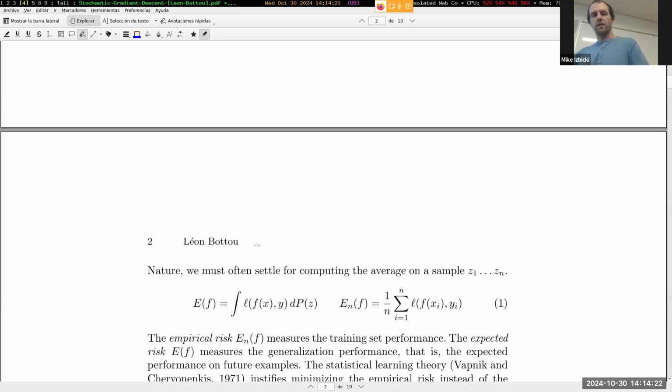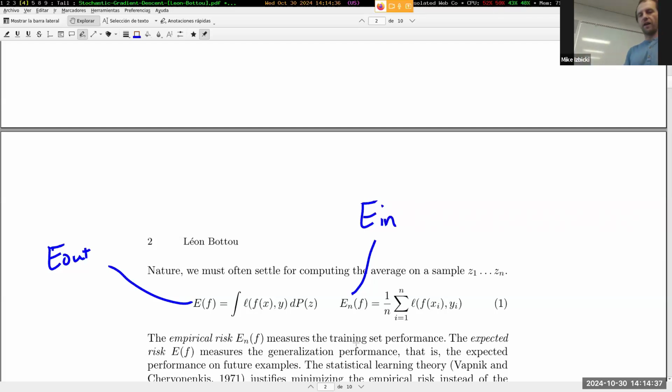And then down here, this E sub F with no subscript, this is the out of sample error, what the textbook calls E out. And this E sub n right here, this is the in sample error, what the textbook calls E in. It's sort of a cute pun that E with the lower subscript letter n is pronounced as E in, the same as E in up here.